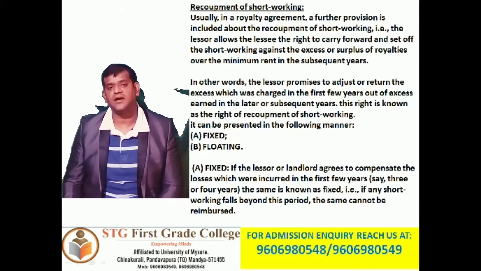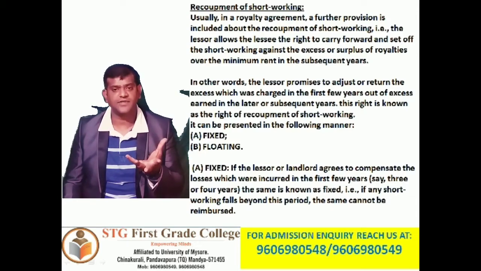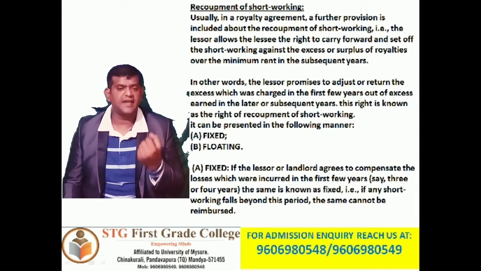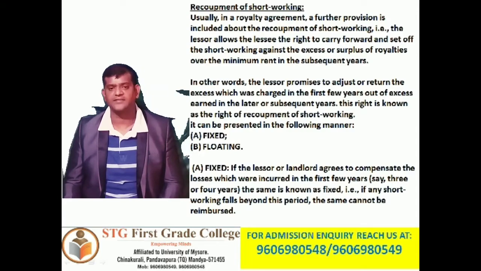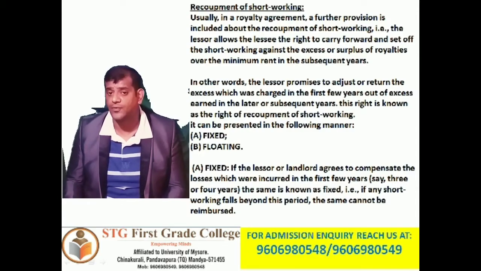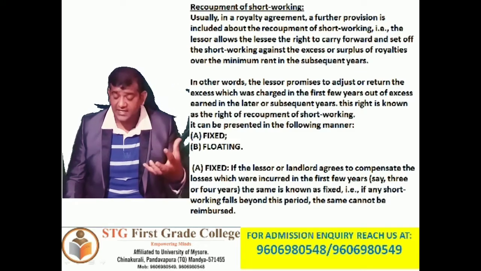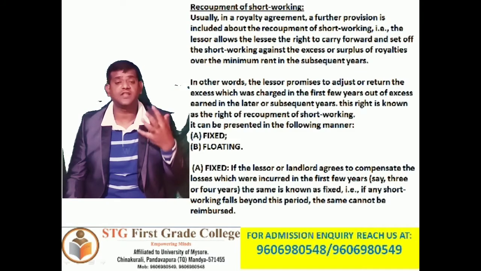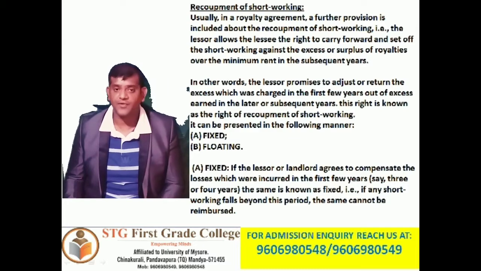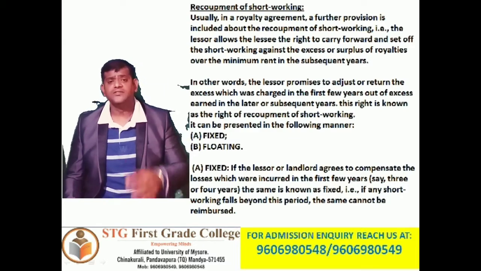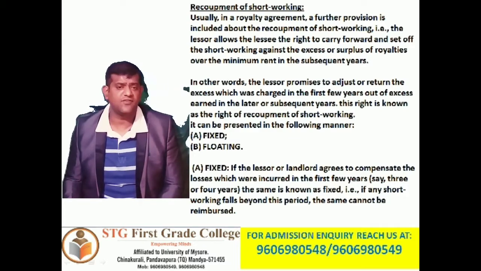This kind of right is known as the right of recoupment of short working, where you can adjust that short working over a number of years. It can be presented in the following manner.